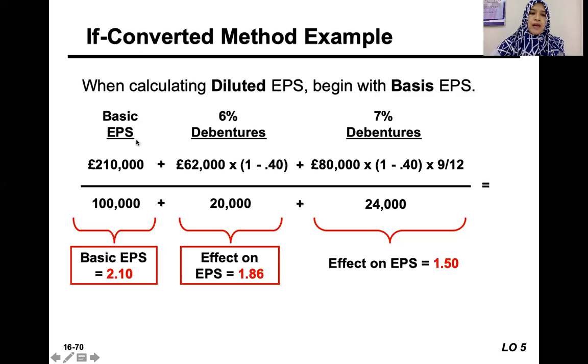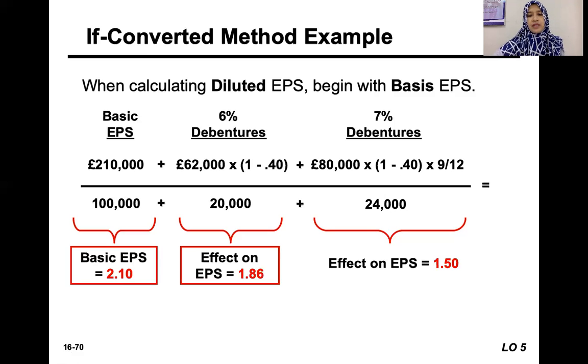Okay, why in diluted EPS do we need to add back the net of tax interest amount? Because if we assume that the bonds are converted into ordinary shares, those interest payments no longer need to be made.